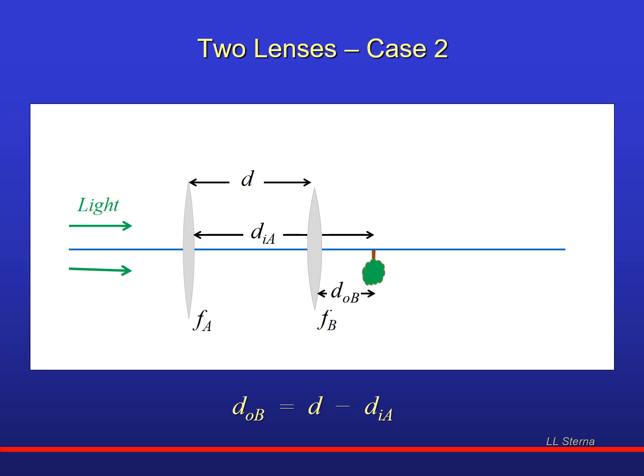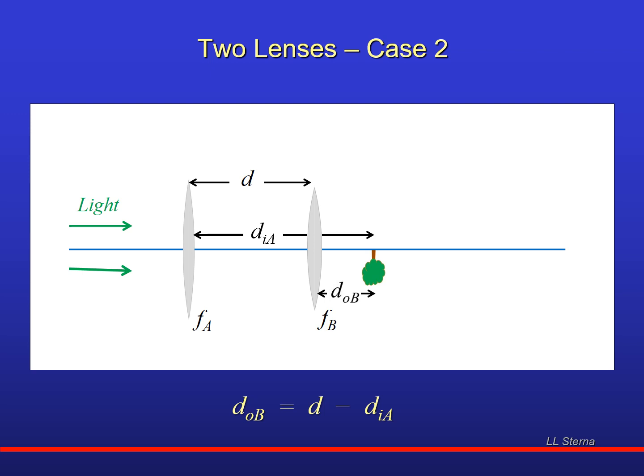Now, if you go back to your notes or back to the previous case 1, you'll say that's the same equation. In the first case, case 1, D sub OB equals D minus D sub IA, positive. For case 2, D sub OB equals D minus D sub IA, negative.